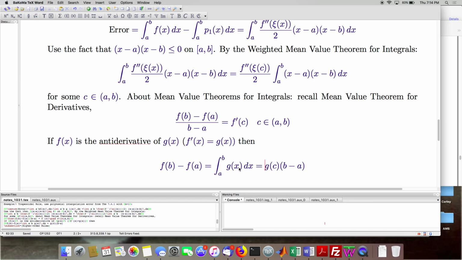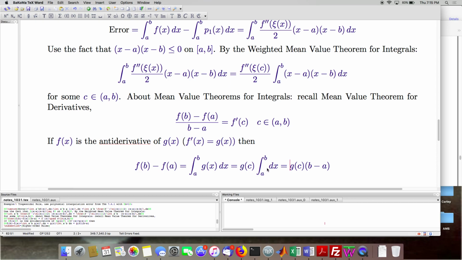Now g of c is by itself here, so I can pull it out of the integral. So I can really say this is g of c times the integral of 1 dx.